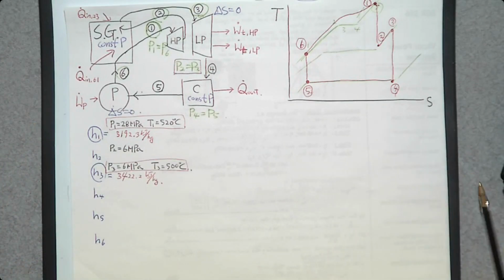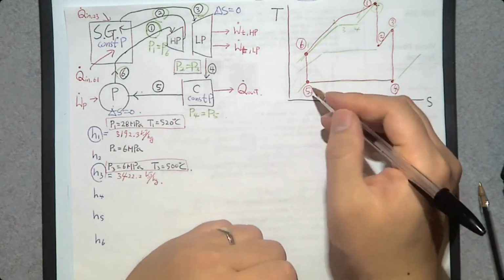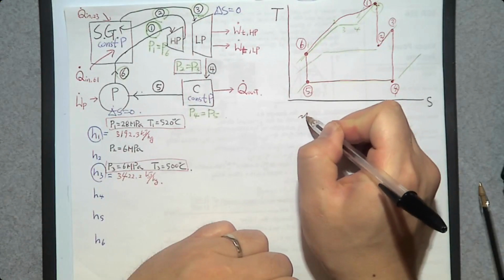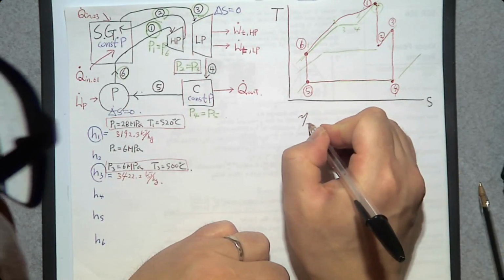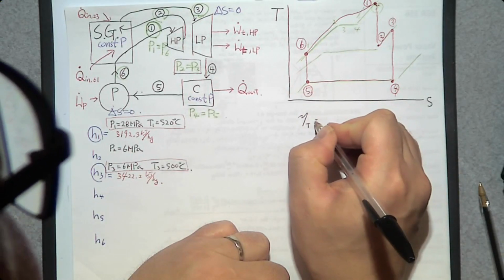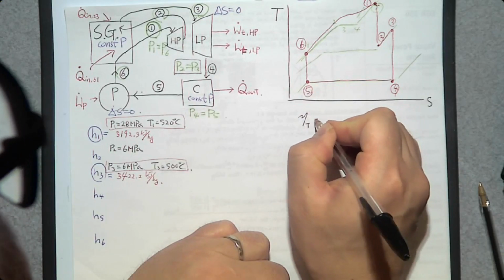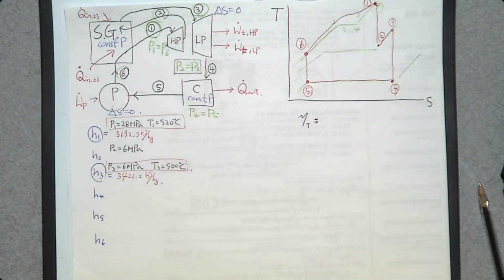The isentropic efficiency of a turbine can be determined by comparing the power produced by an ideal turbine and the power produced by an actual turbine.